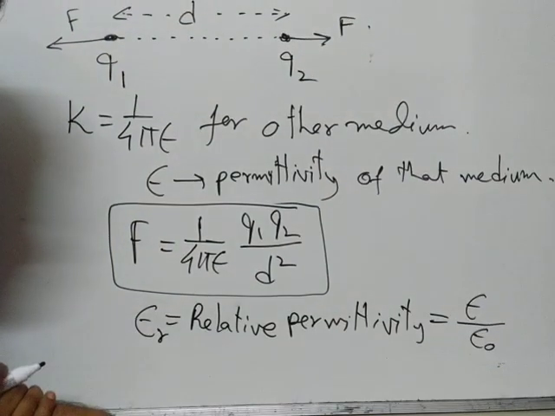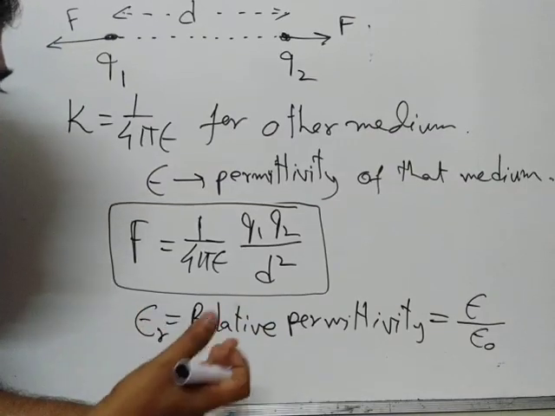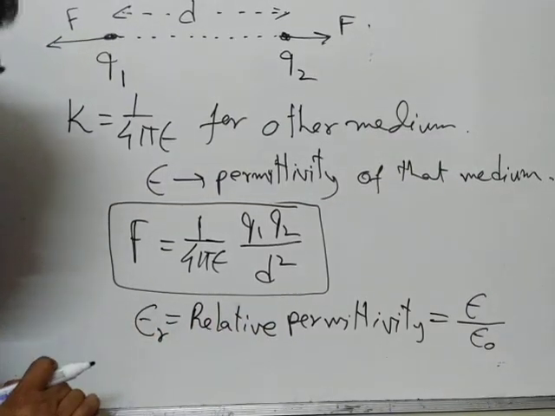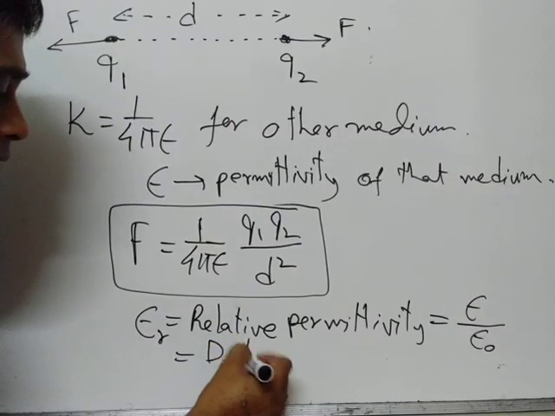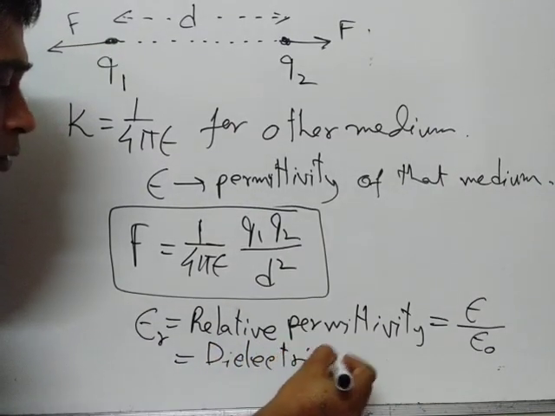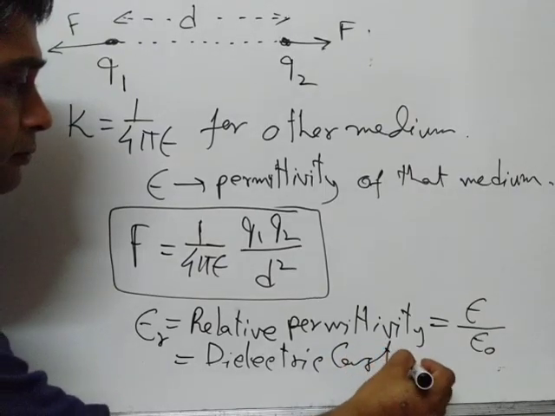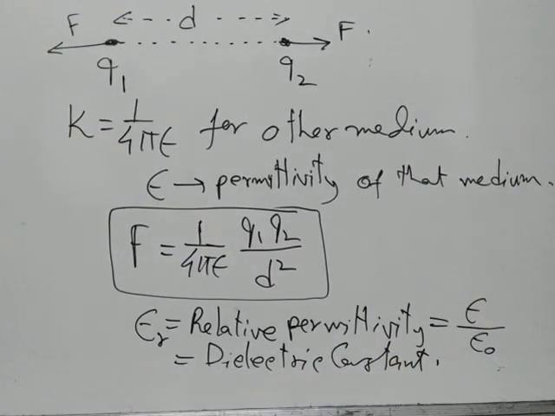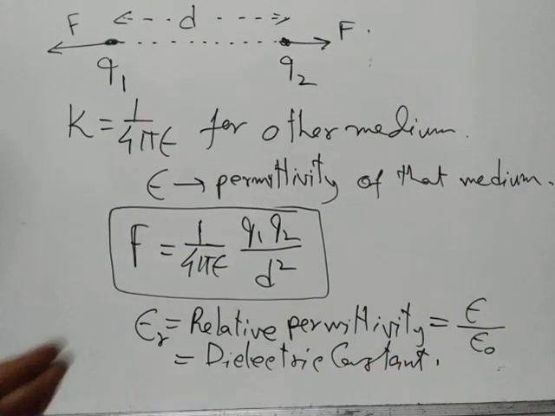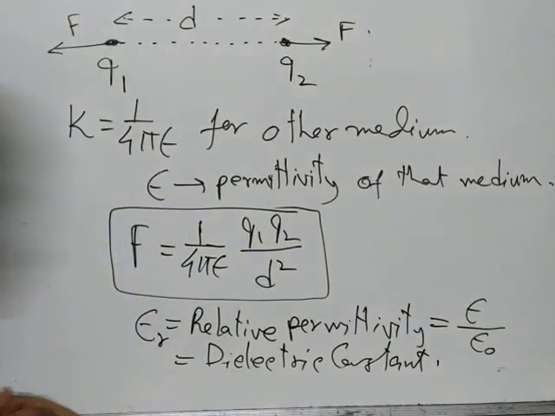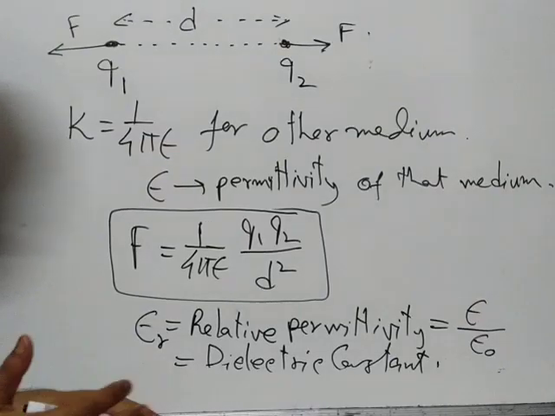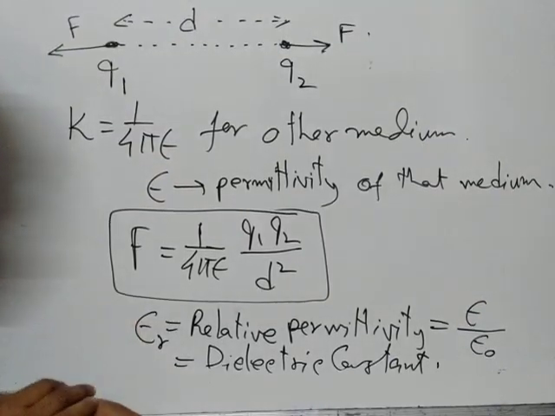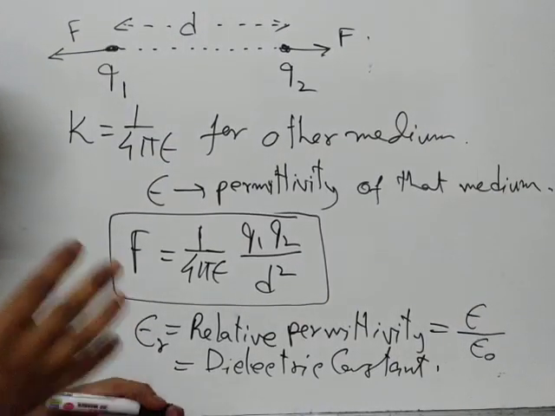It is called relative permittivity. Or in future, we will call it dielectric constant. And this value of epsilon is different for different medium, and eventually this relative permittivity would be different for different medium.